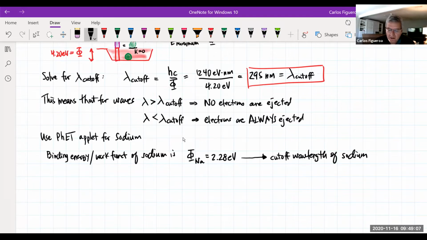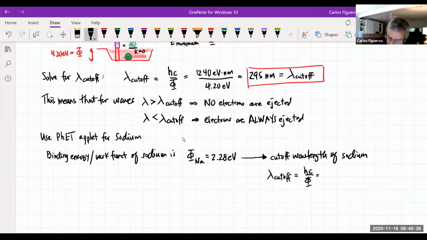So if I calculate the cutoff wavelength, it's the same thing as up here. Lambda cutoff for sodium is going to be, of course, h c over this guy.